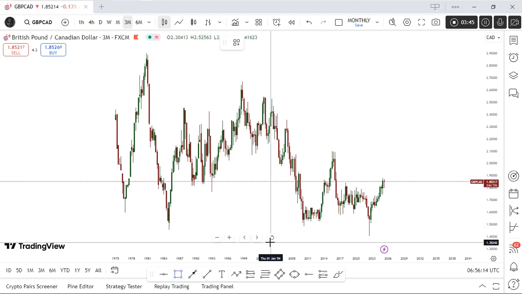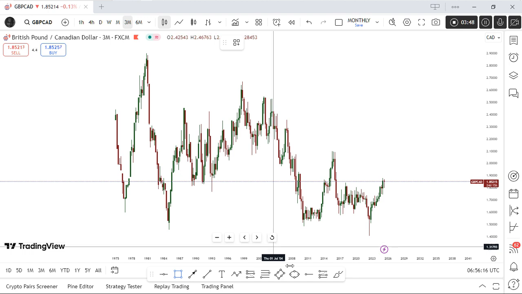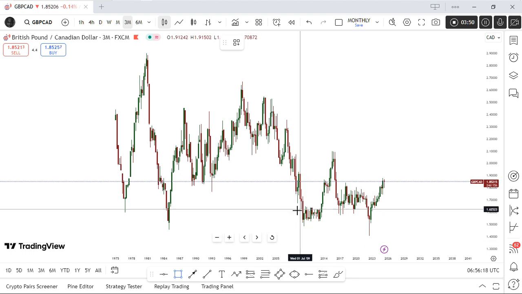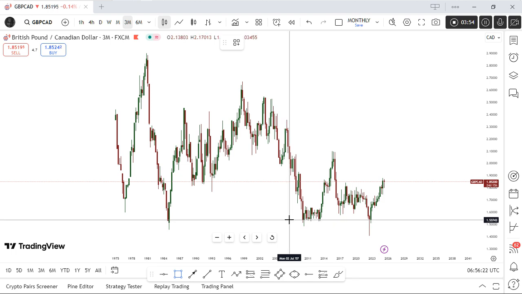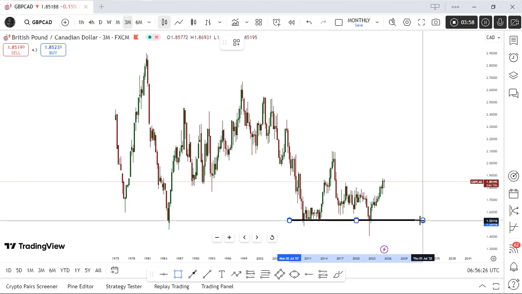Now I do not use lines to plot my levels. I'll be using a zone. Now I am not analyzing this as a retail trader. I'm analyzing this as an institutional trader.